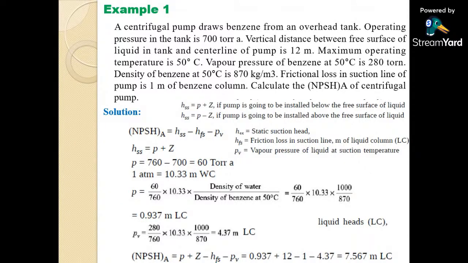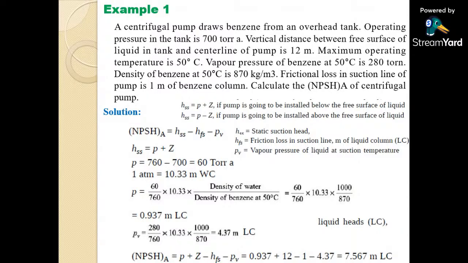The only problem is getting the value of the static suction head. So we say HSS is defined as P plus or minus Z. This is the equation we are to use because it is the available pressure plus or minus the vertical distance from the surface of the reservoir to the center line of the pump.